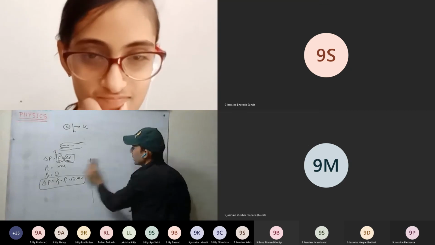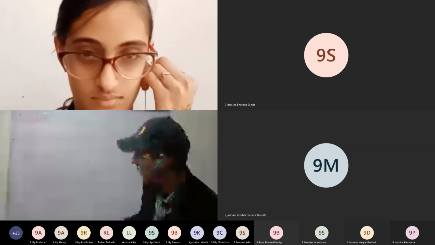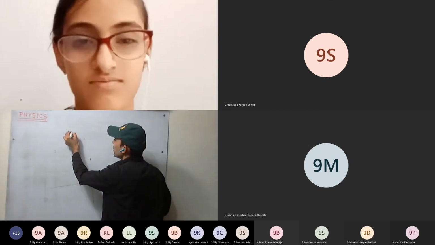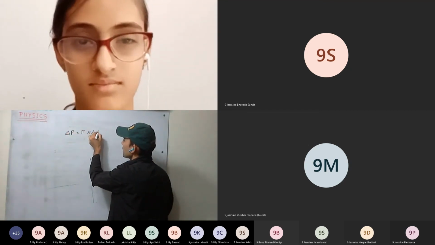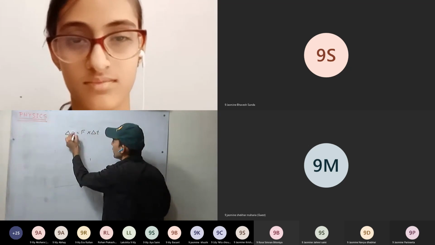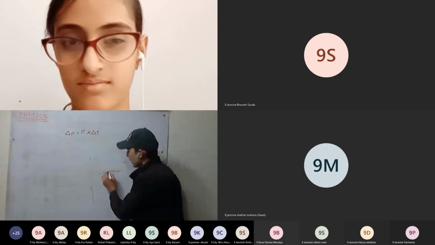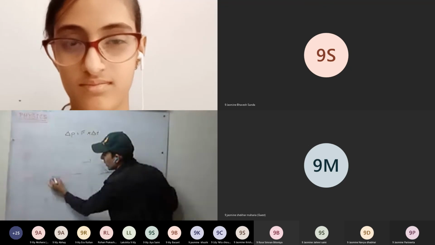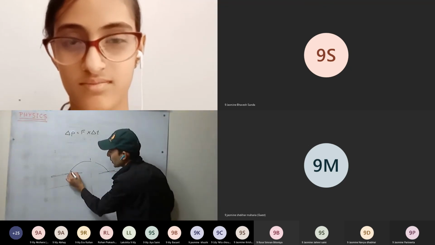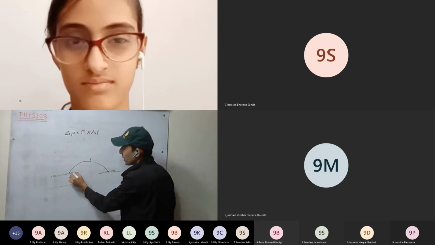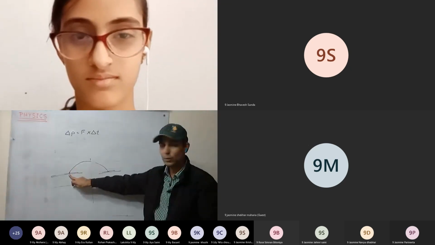More examples we can take. Again we take force into delta t, this is small p. Now for example, anyone taking the long jump, if it is a hard floor, as the person touches the ground, the person will come to rest immediately.